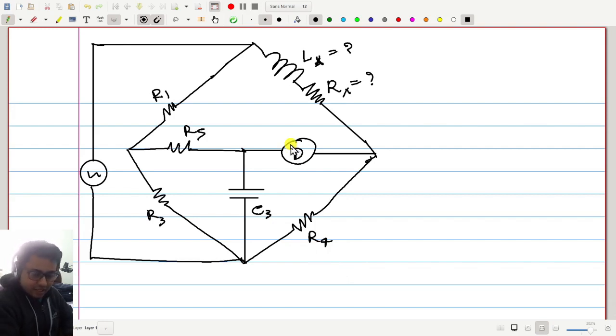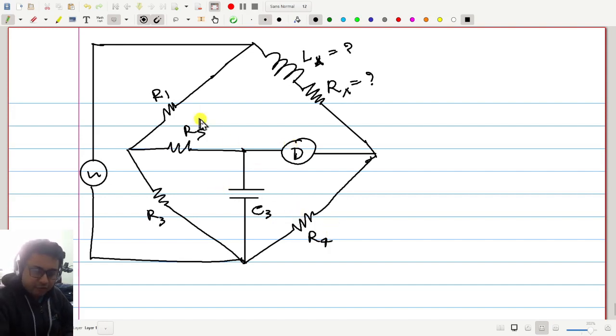Can we find the balance equation of this bridge? Any idea? How will you proceed? Let us take suggestions. Sir, when the current through the detector is 0, R5 and C3 will come in parallel with R3, right?